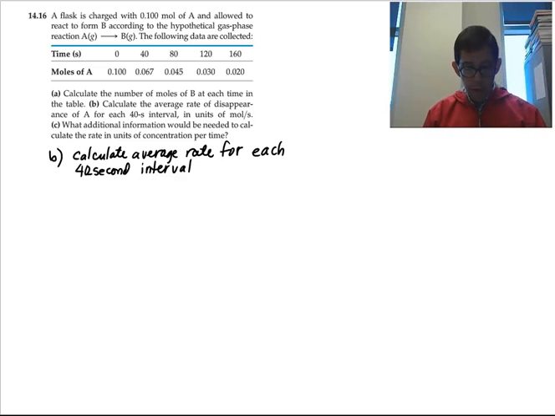Part B. Calculate the average rate of disappearance of A for each 40-second interval in units of moles per second.